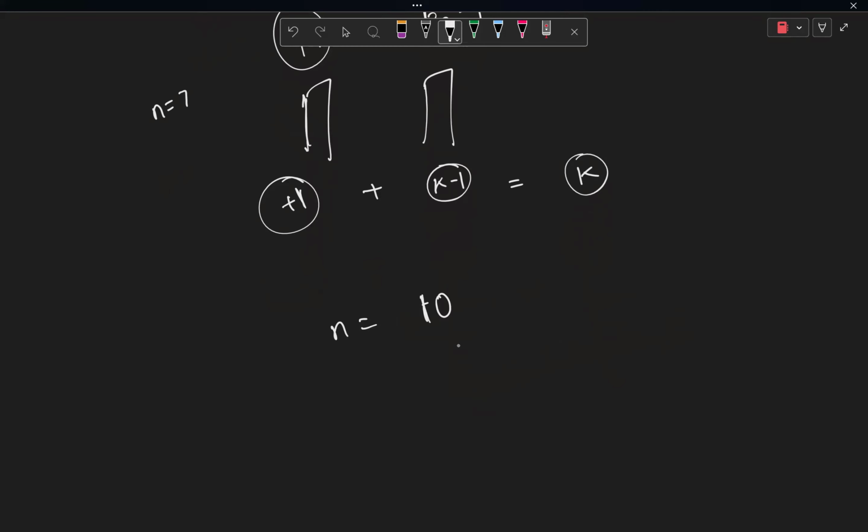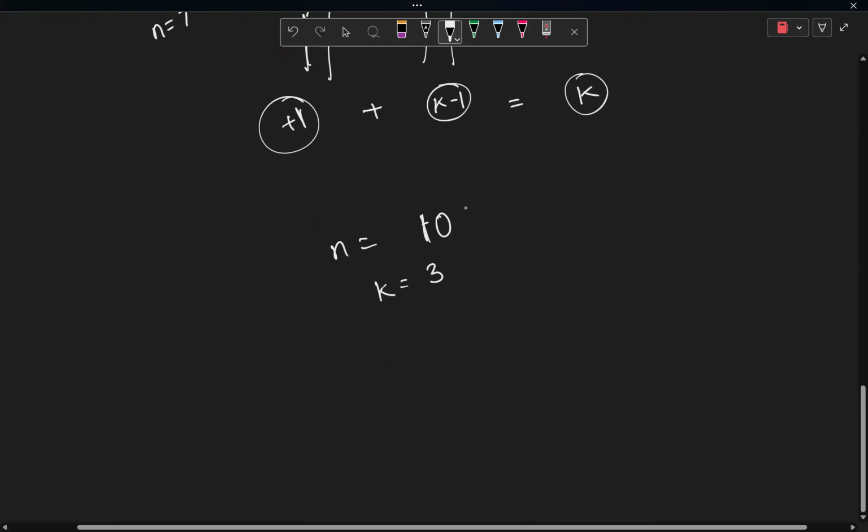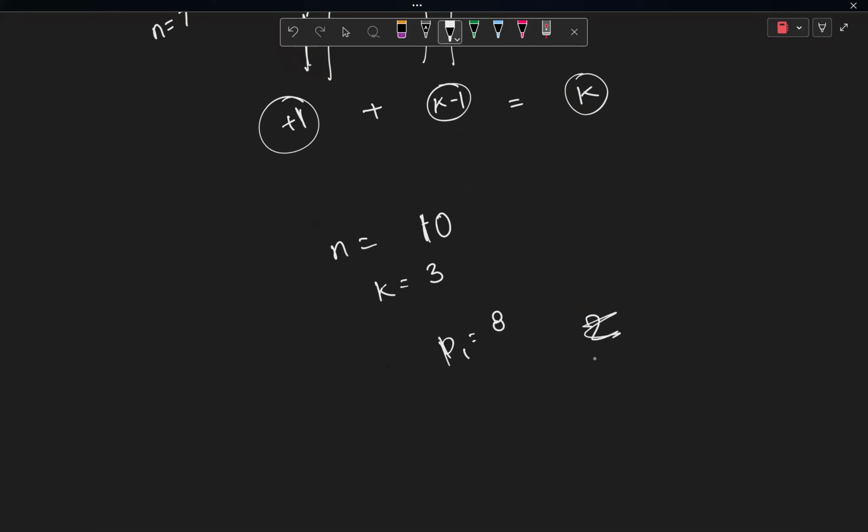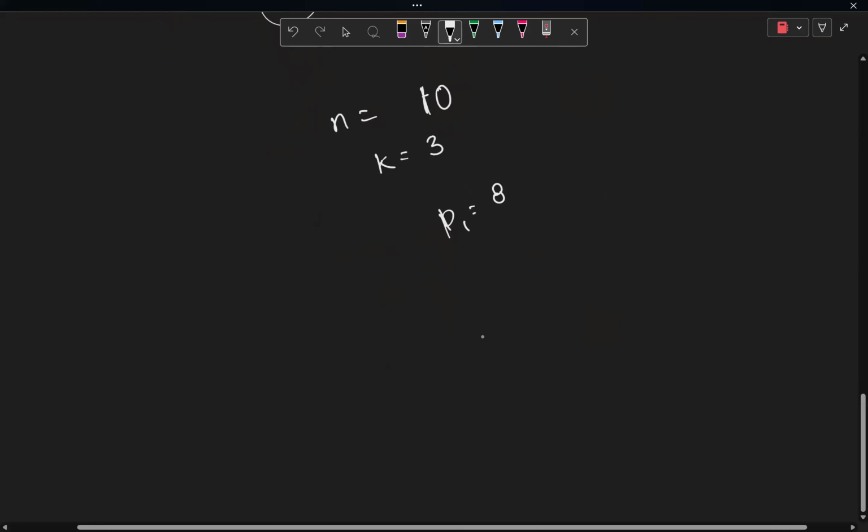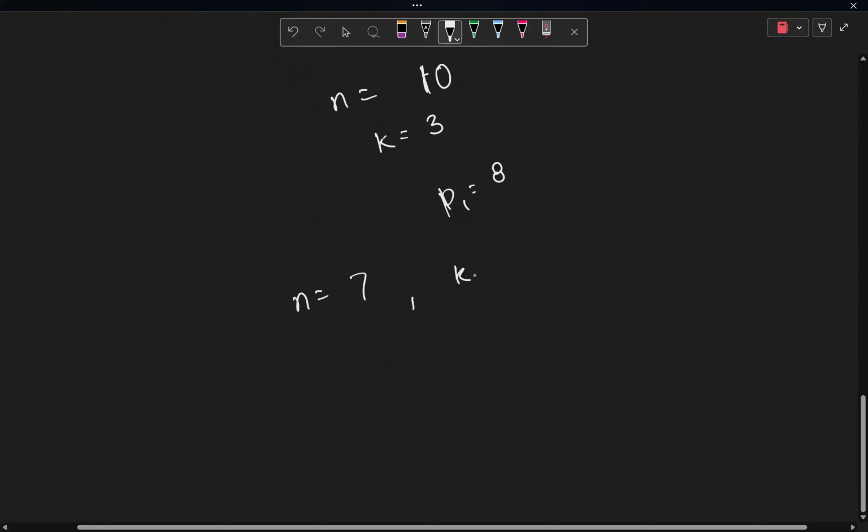I thought of n equal to 10, k equal to 3. Since I want 2 to be the remainder at the end, P1 was coming up to be 8. P2 was 2, obviously. And similarly, I tried out some other cases like n equal to 7, k equal to 3.